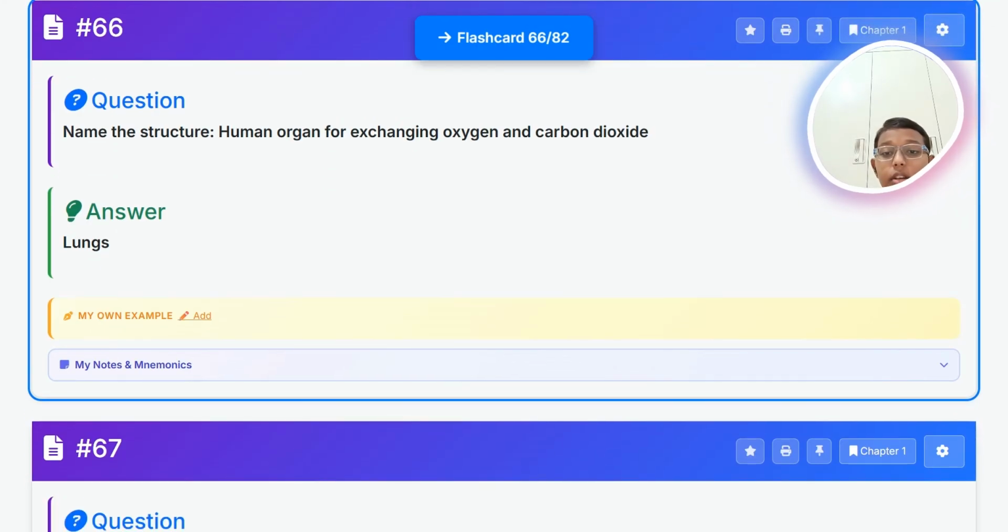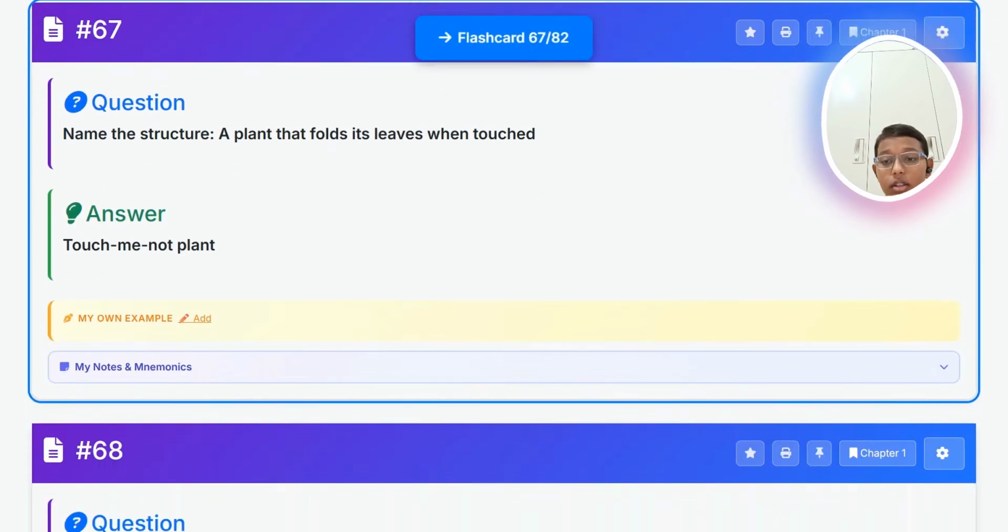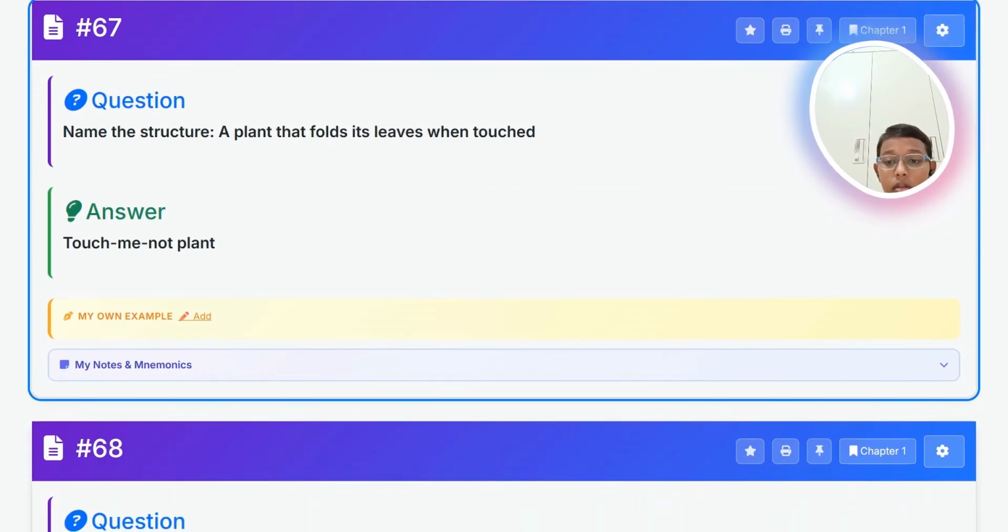Name the structure. Human organ for exchanging oxygen and carbon dioxide. Answer: lungs. Name the structure.